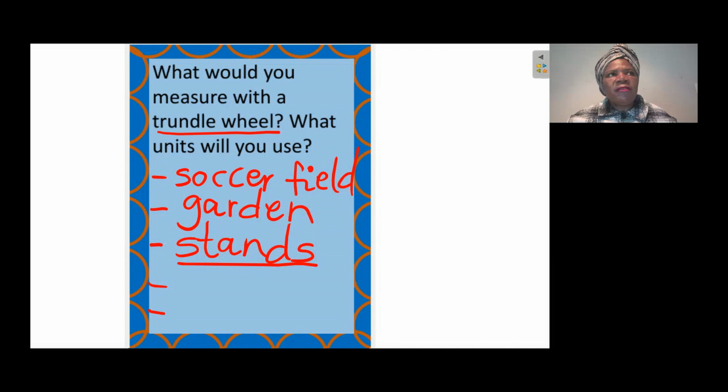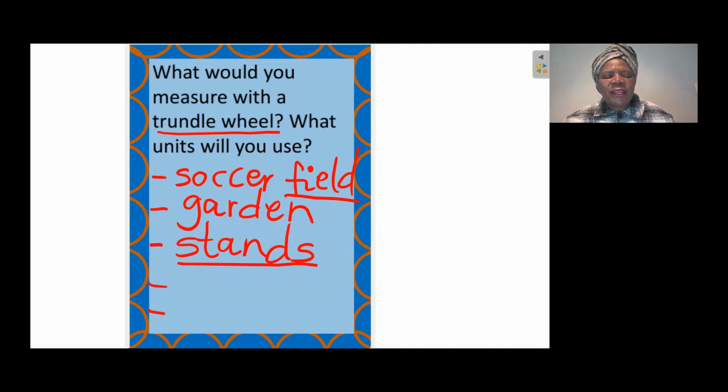You can have a track field where people will be running and sprinting. You can also talk of the other fields where sports are played, like the netball court, the baseball court, and so on.